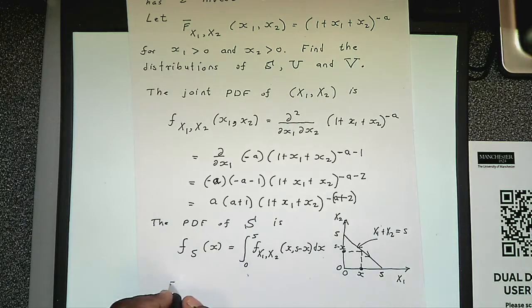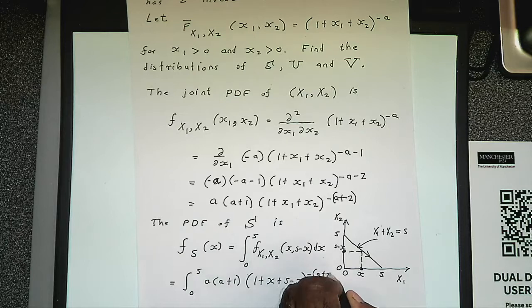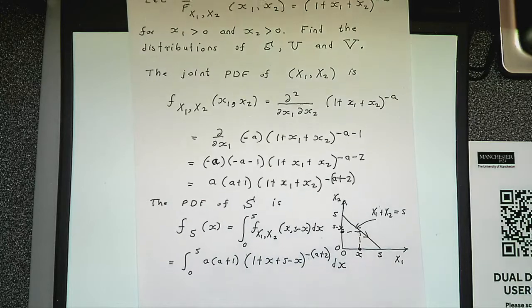So this will be, and you guys see me, if you can't see me, let me know. A times a plus 1 times 1 plus x plus s minus x to the power of minus a plus 2 dx, right?